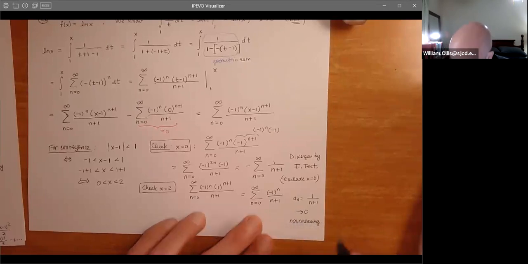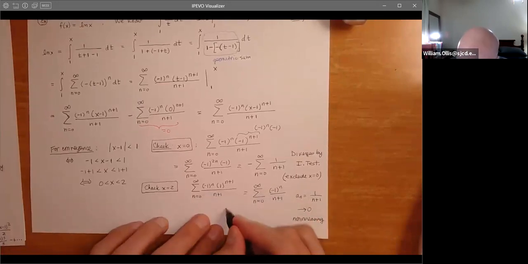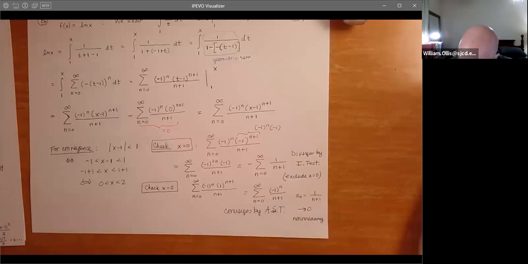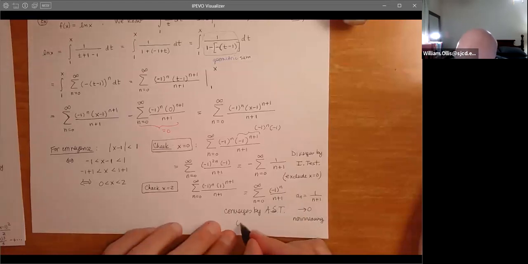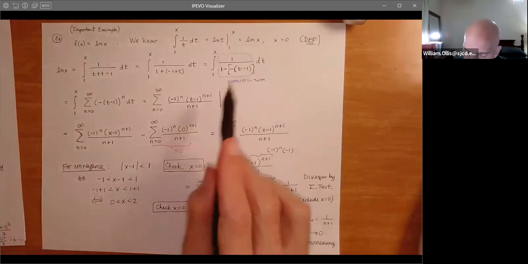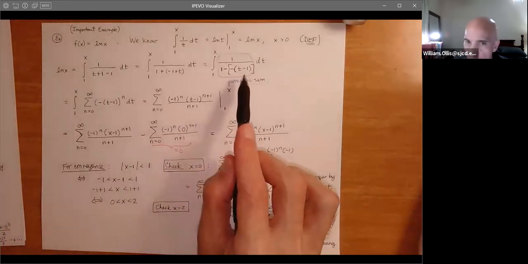We've done this problem many times. So this particular real series converges. So this converges by the alternating series test. So this means we include x equals 2. So again, we just have to make sure when we're doing these problems that we actually get the correct x.